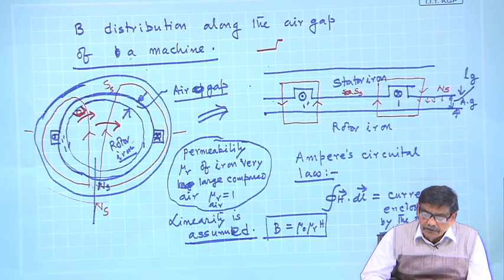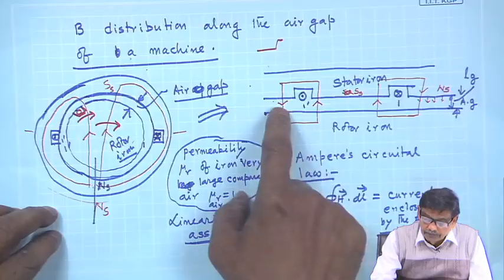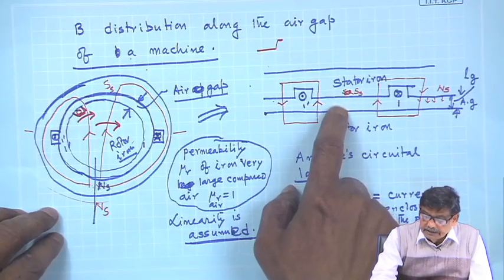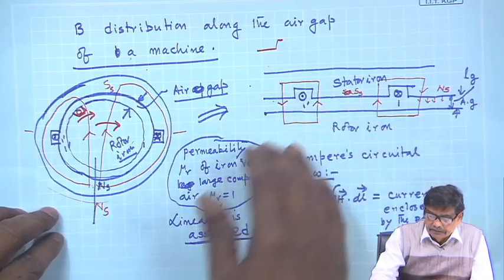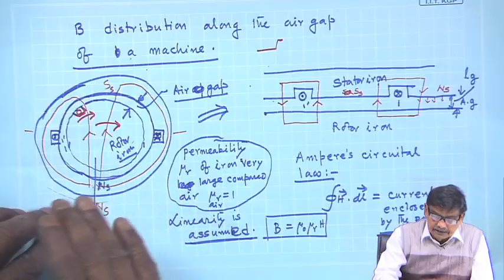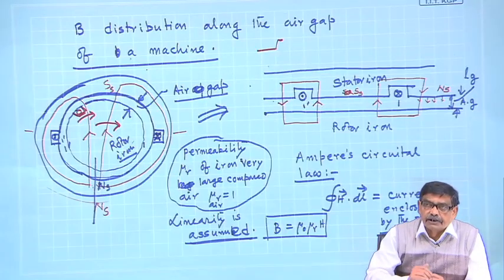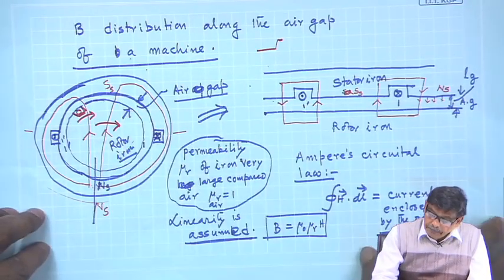So all the MMF will be consumed to establish flux in the air gap of the machine. The air gap is the separation between the stator inner surface and the rotor outer surface, that is LG.